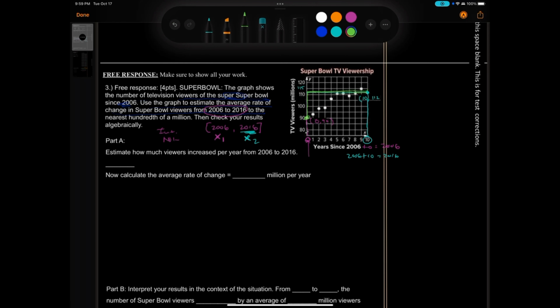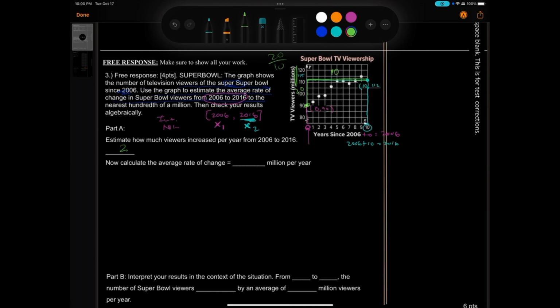So I'm going to guess, I don't know, so this is over 10 years. And then the difference is maybe, I don't know, 110 to 90, so this would be a distance of 20. So rise over run would be 20 over 10. I'm going to guess mine is about 2. Remember, the unit's 2 million viewers per year. That's what I think it'll increase.